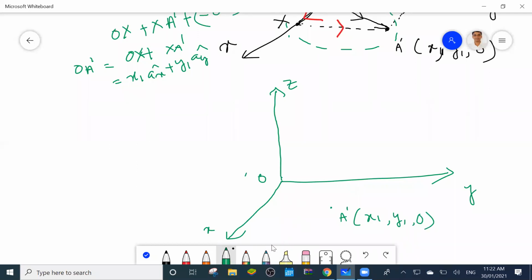Now I have to take the projection of this point, or I have to take one Z value here, Z1 value, so that the point becomes X1, Y1 and Z1. So this is the position vector that we got up to this.